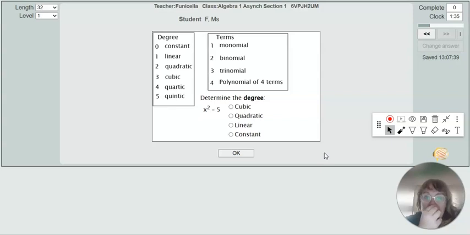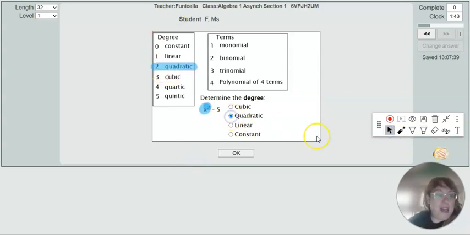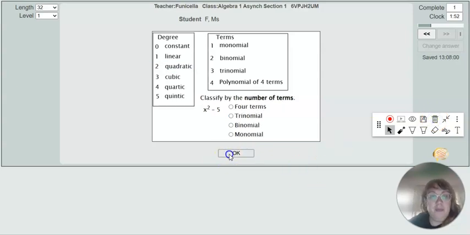X squared minus 5, and it wants us to say what the degree is. So our biggest exponent is 2, so that means it is a quadratic. So we're going to select quadratic and hit OK. For the next one, it's looking for the number of terms. So here's one term, here's the second term. There's 2, which is a binomial.